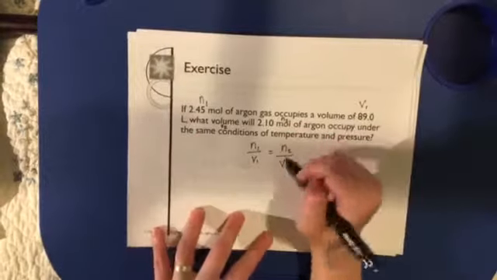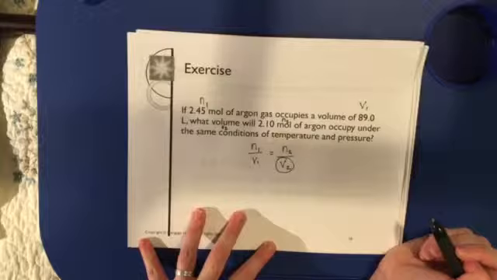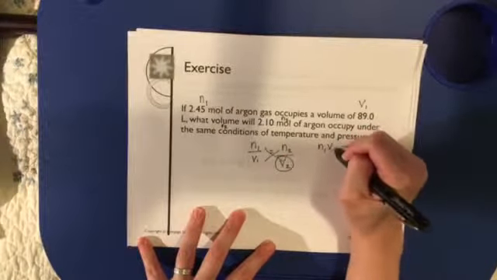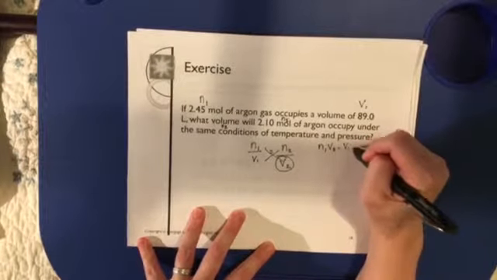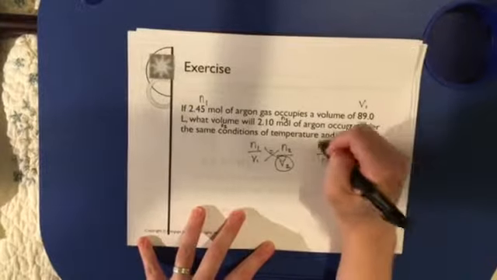And so we want to know what the volume is. And so I'm going to cross multiply here. N1 V2 equals V1 N2, divided by this.